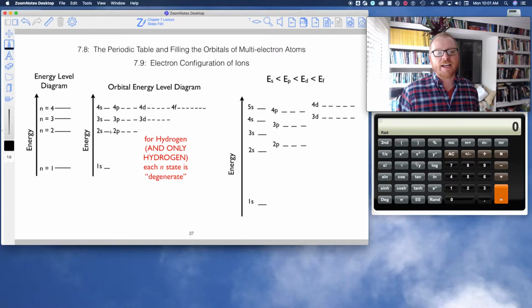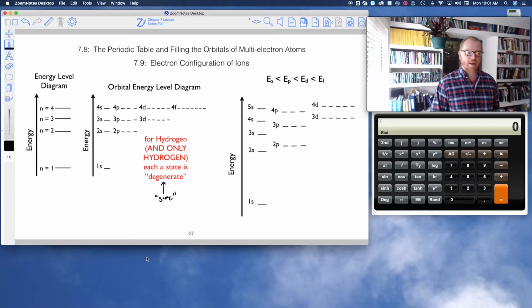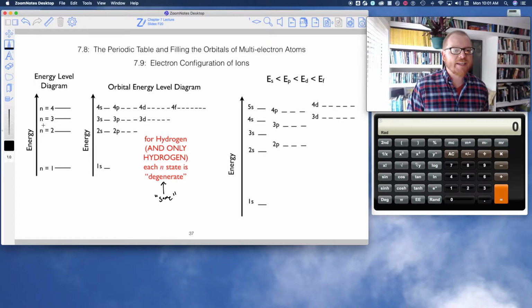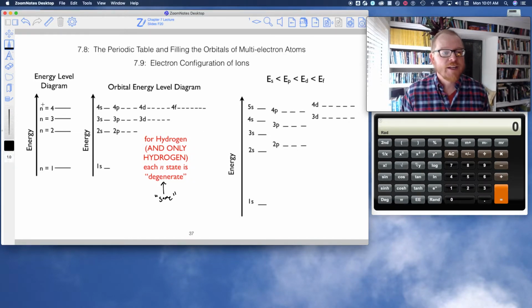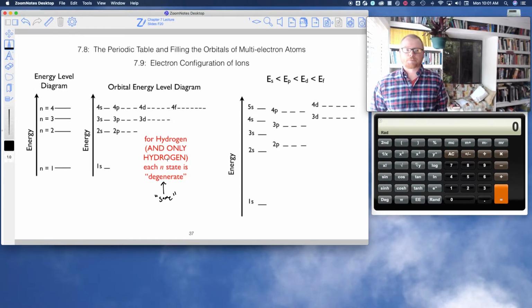And for hydrogen and hydrogen only, 2s and 2p are degenerate, which is a fancy way of saying the same. It means they have the same energy, okay? And we notice what happens to n equals 3 for hydrogen and hydrogen only. 3s, 3p, and 3d are all predicted to be at the same level. Same with 4: 4s, 4p, 4d, 4f. They're all predicted to be the same.